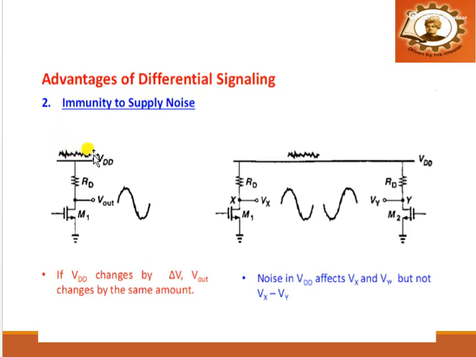That may be treated as noise on the power supply. If this power supply is corrupted with this type of noise, then the output voltage will also be corrupted by this noise. If there is a small change of the voltage VDD, that is delta V, then Vout also changes by this amount delta V.